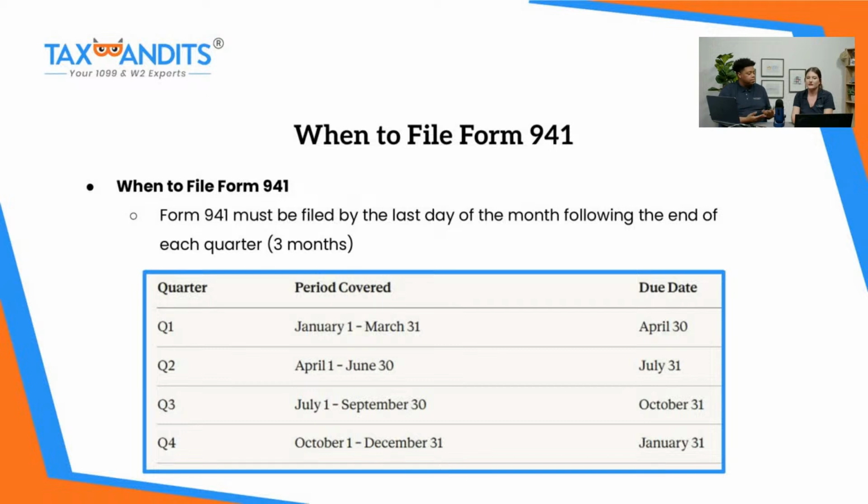For Q2, we have April 1st through June 30th, and that deadline will be July 31st. Okay, got it. So the last day of the month after the quarter ends is usually the due date. Yeah, and if the due date falls on a weekend or a national holiday, then it will go to the next business day.